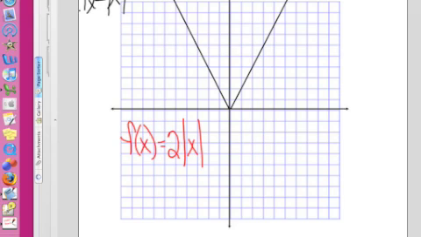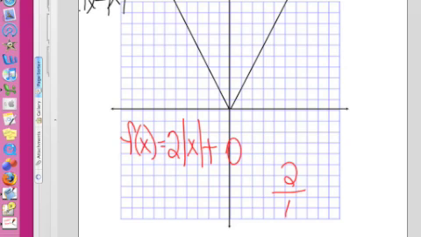Okay? So my vertex is still at 0, but the slope of each line is now 2 over 1. So as I rise 2, I move over 1. There's the next point. Up 2, over 1. Look on this side. Up 2, over 1.